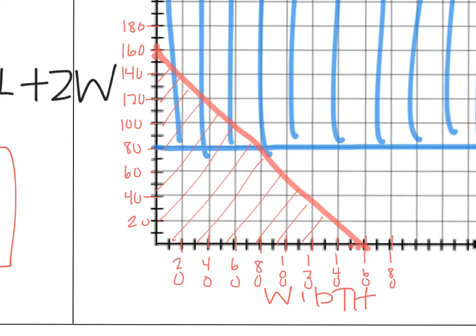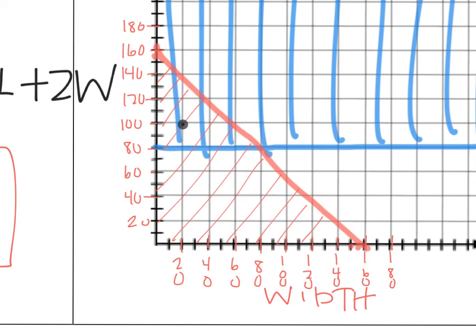So we're going to pick a couple of ordered pairs that work in there. We have to make sure that our length is greater than or equal to 80, and whatever width we choose keeps the perimeter of our rectangle under 310. So I'm going to pick the point 20, 100, which is right here.